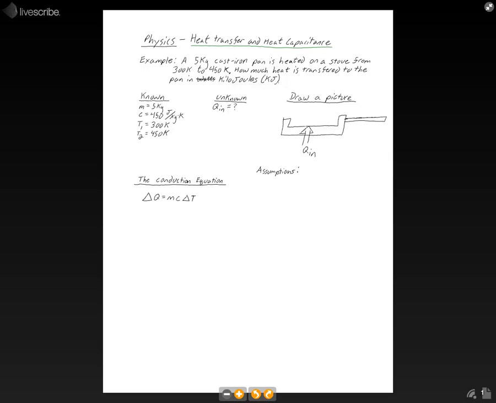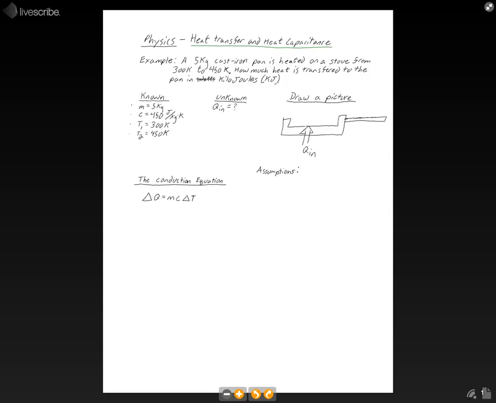So, for our knowns, we have our pan of mass 5 kilograms. We have our heat capacitance, C, which is going to be 450 joules per kilogram Kelvin. T1, or temperature 1, the initial temperature, is equal to 300 Kelvin, and our final temperature is equal to 450 Kelvin.